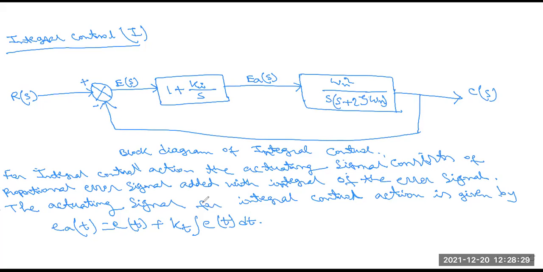So what is the signal coming from this integral controller part? This is ea(t) equals e(t) plus Ki into integration e(t) dt. Here Ki, not Kt, is basically a constant term.